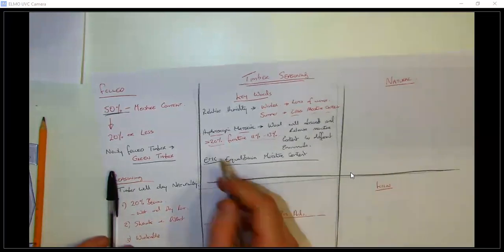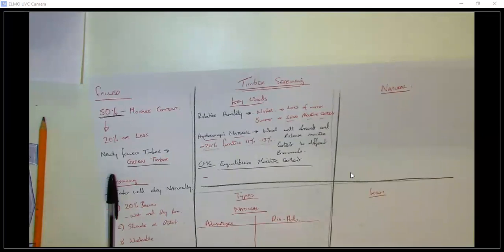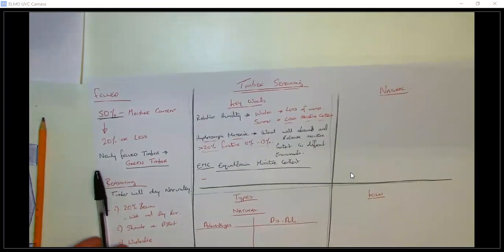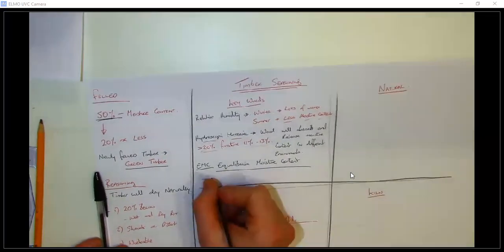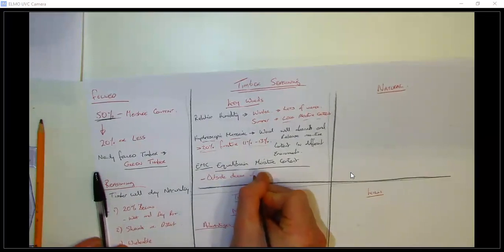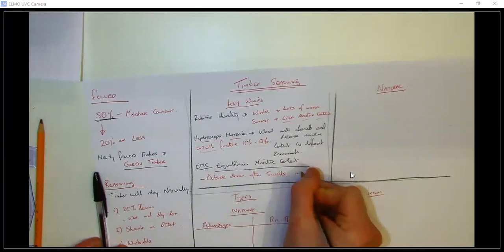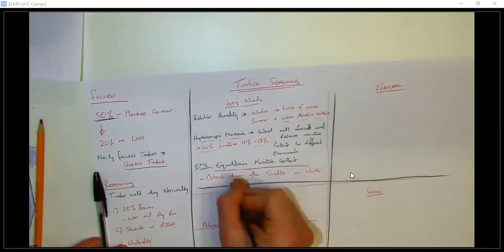Okay, so a good example for this, guys, anyone that has a garage outside or any sort of external door, is the door often swells. So outside doors often swell in the winter and shrink in the summer.